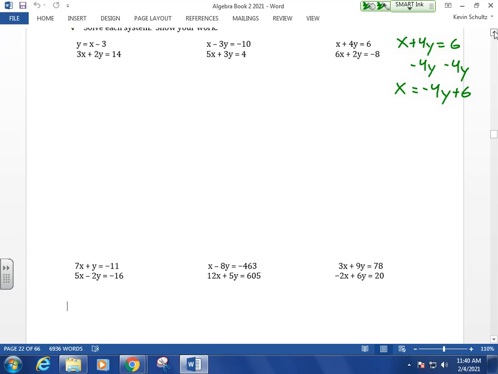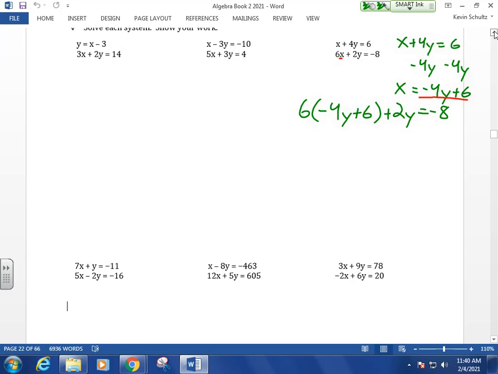Okay. But now that we know that x is equal to negative 4y plus 6, we can take this value, negative 4y plus 6, and plug it in for x in the second equation. So that second equation now becomes 6, but instead of x, negative 4y plus 6, plus 2y equals negative 8.